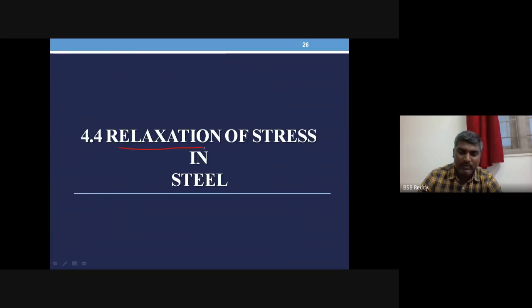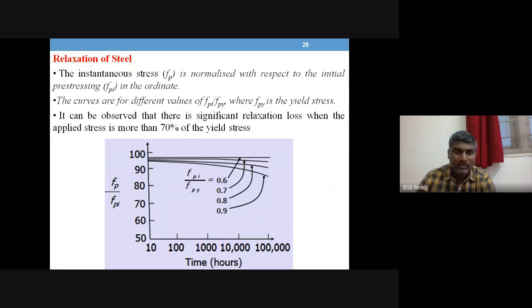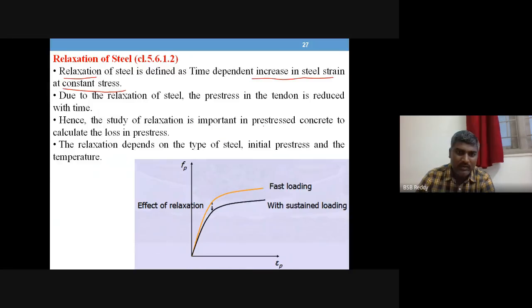And then comes the relaxation of stress in steel. Unlike creep, a similar property, it is a time dependent loss of stress in steel at constant strain. The relaxation values will depend on the rate of loading.